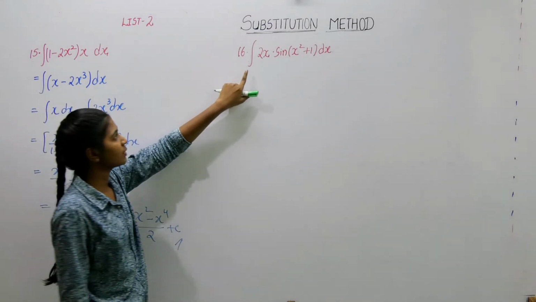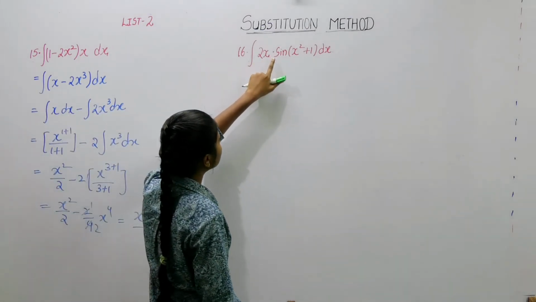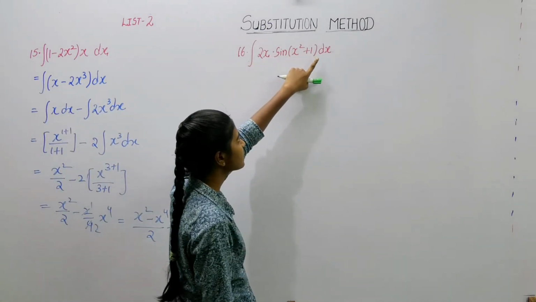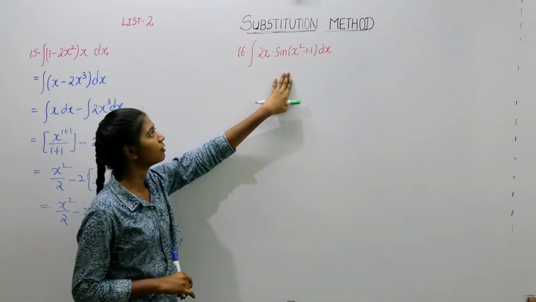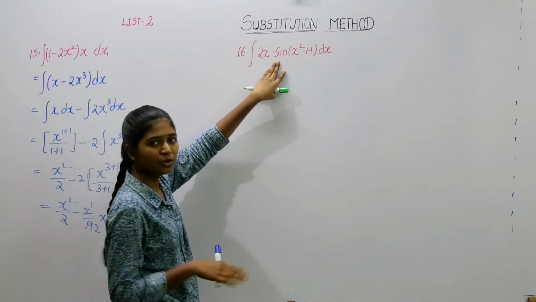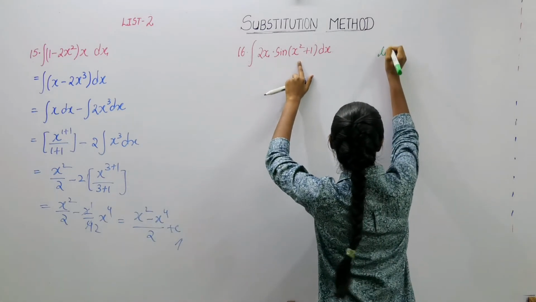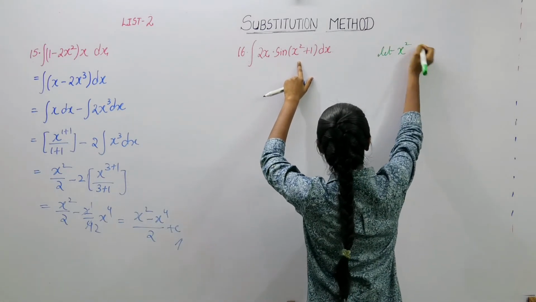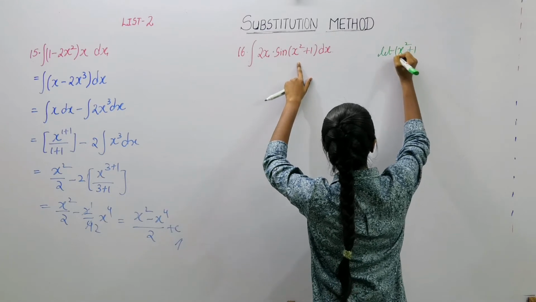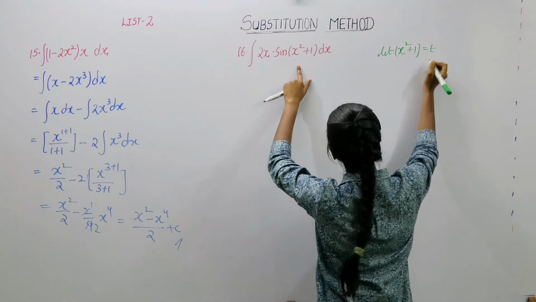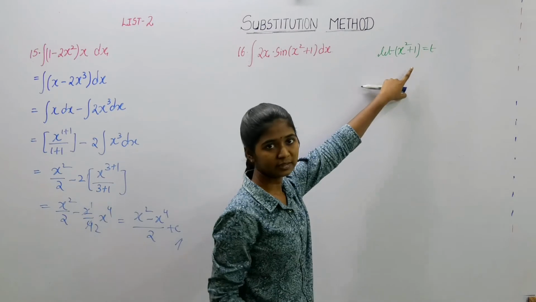Next, 16th one. Integral 2x into sine of x square plus 1 dx. There is no direct formula to solve this. So, we go for the substitution method. In the substitution method, let us assume x square plus 1 is equal to t. Let this value be t.